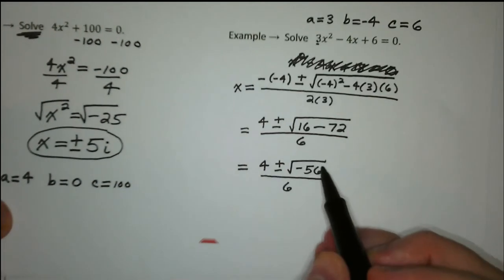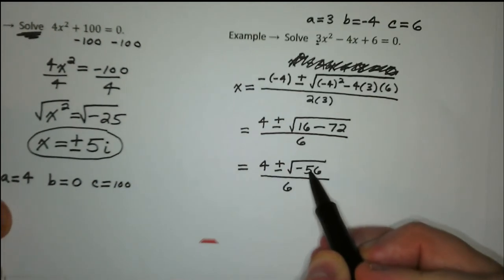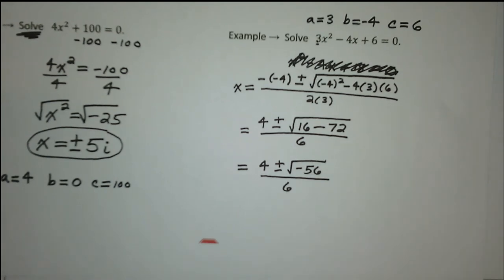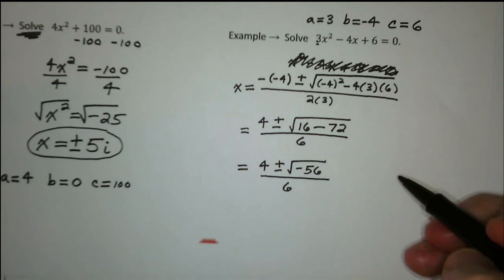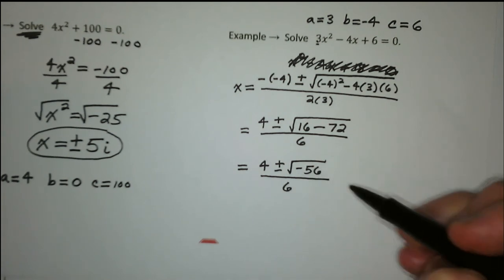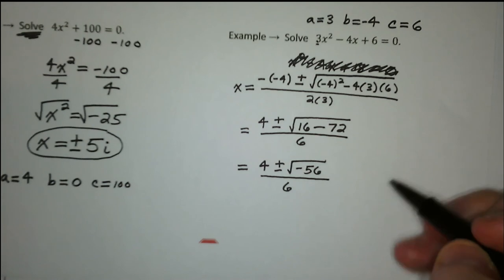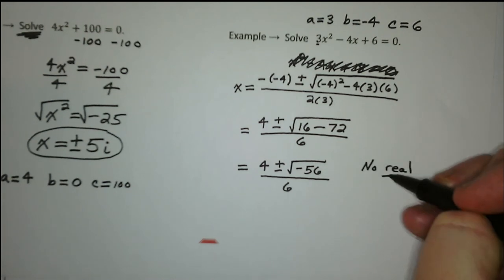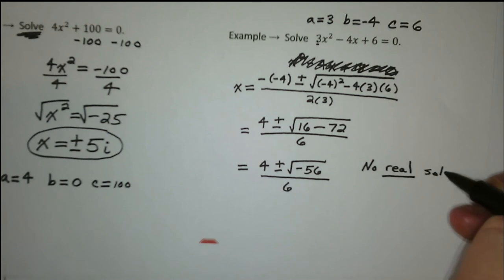Look what happened. We got a square root of negative 56, a negative number. So last section, I made a big deal, or I tried to, about how you're not going to have any real answers. I'm going to write this again. So there's no real solutions.